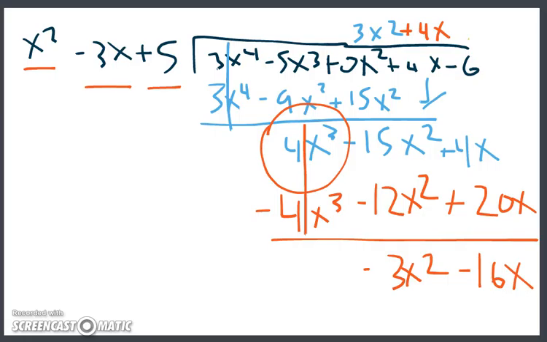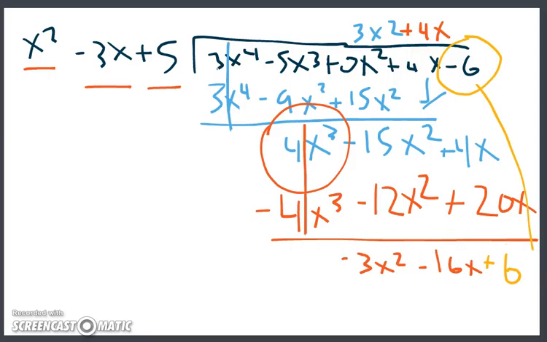Now you will bring down negative 6 to your problem. Now you must look at your highest power again, which is negative 3x squared, and think, what times x squared will get you negative 3x squared? Negative 3 will get you negative 3x squared, since negative 3 times x squared gets negative 3x squared.